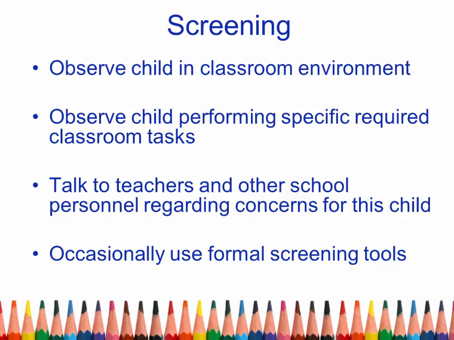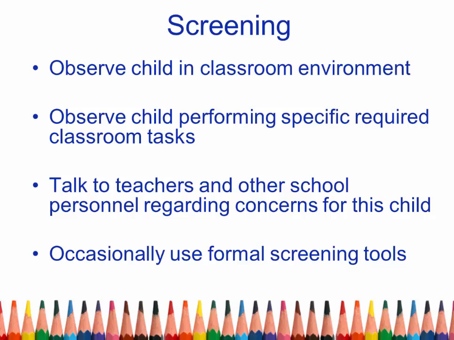So for the screening, there are different ways that you can gather the information. It may just be an observation of the child in the class, or if they have, for example, gross motor problems, you might go out on the playground to observe what they're doing there, or social participation problems. Can they play well with the other children? Do they have difficulty eating?